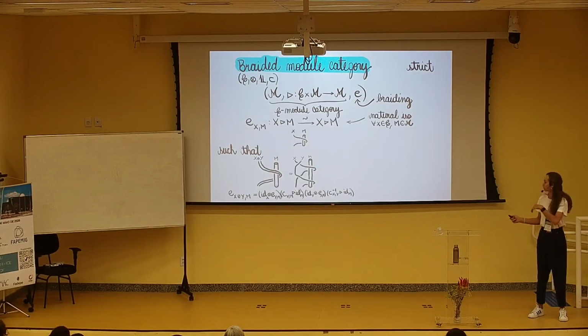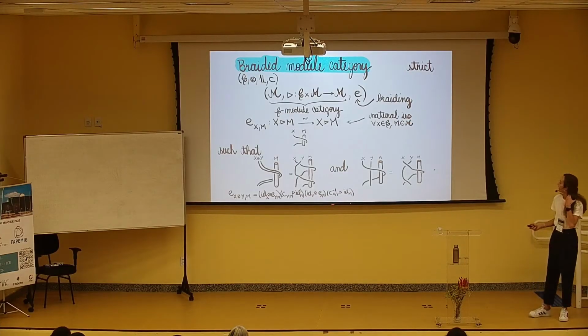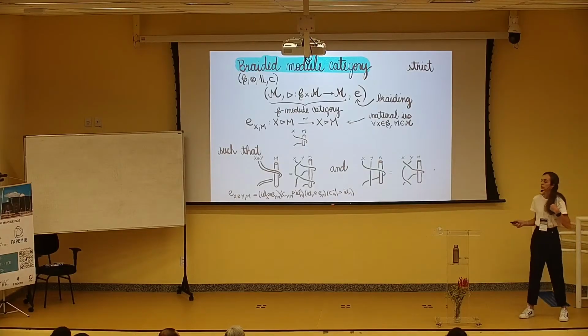And of course I have another one, if I put someone acting here on the second place. So I have this second draw here. You can play with this. This is easier to write. This is longer. So this is a braided module category. You can also do string diagrams with a pole.